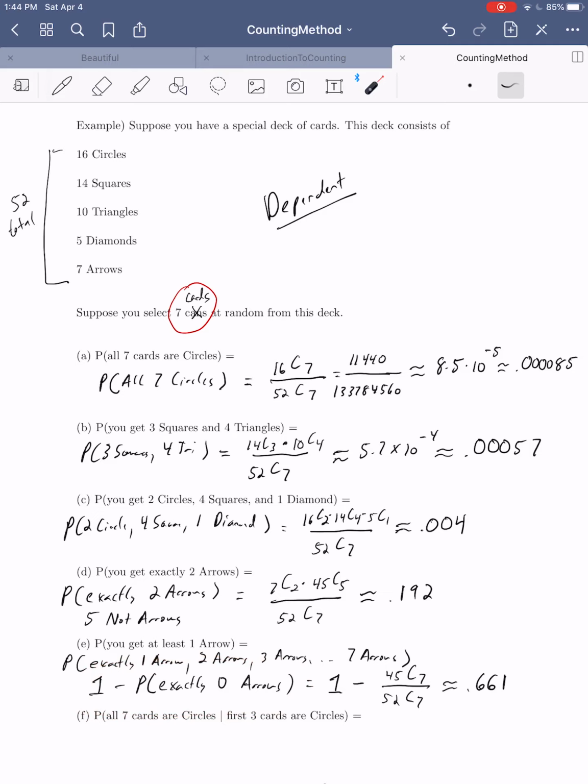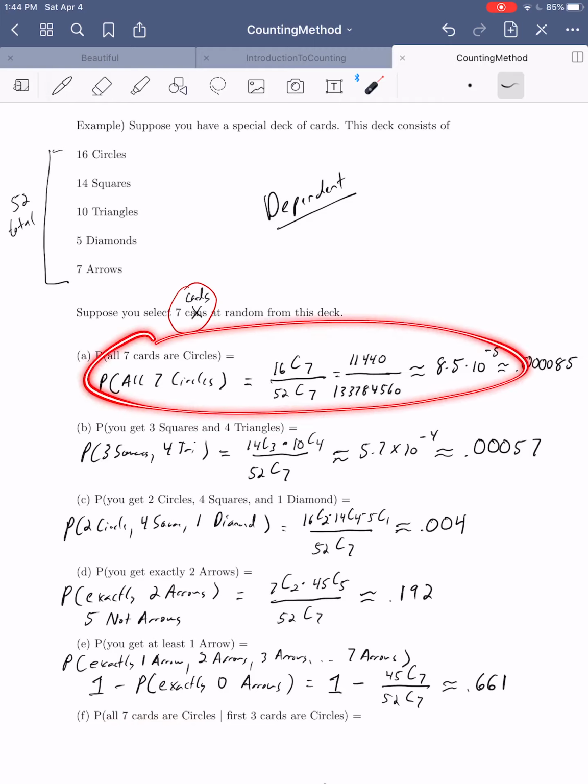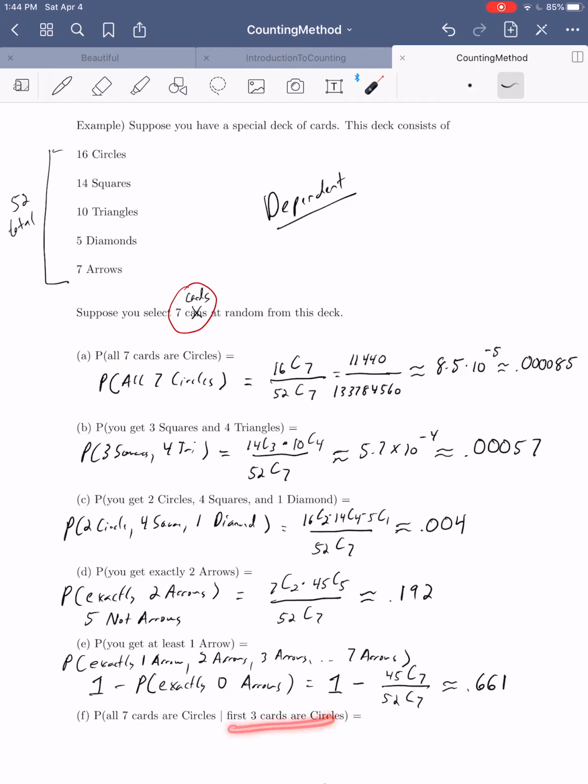All right, last one of this sort of topic, right? Let's see if we can do a conditional probability. We want to calculate the probability that all 7 cards are circles, so just like we did up here, but we have the extra information that the first 3 cards are circles. So if we think about that, we already know the first 3 cards. So if we do a little modification, that means since the first 3 cards are circles, that's going to be reduced down to 13.